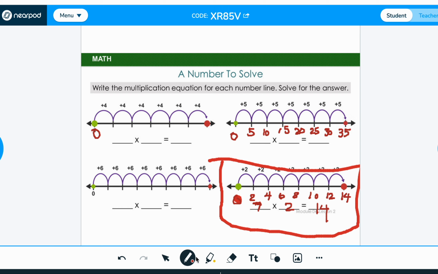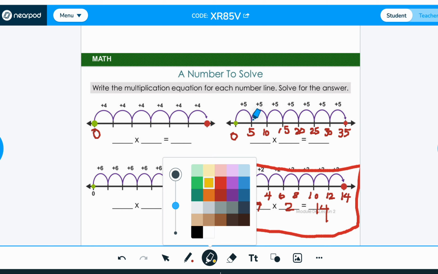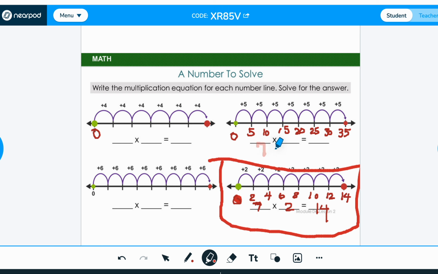Let's take a look at how many hops I had. I had 1, 2, 3, 4, 5, 6, 7 hops. So this is saying that I have 7 groups of the number 5 to get to 35.